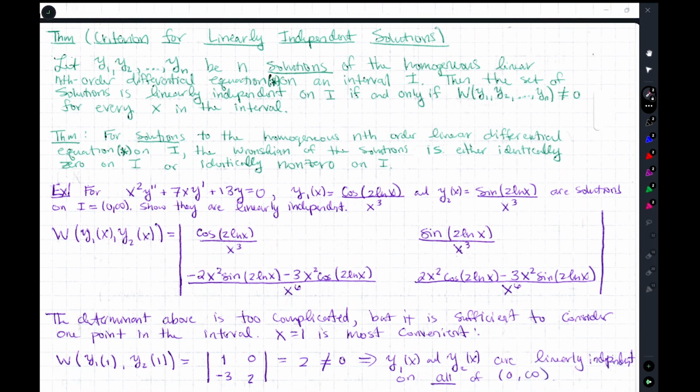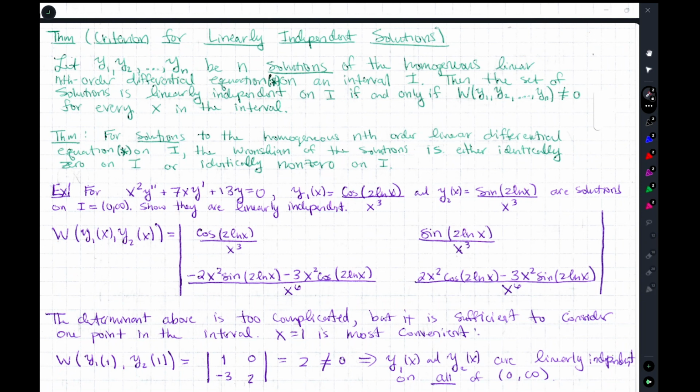So let's look at another theorem. Criterion for linearly independent solutions. Let y1, y2, and yn, and here pay attention to that, it's not k, it's n.